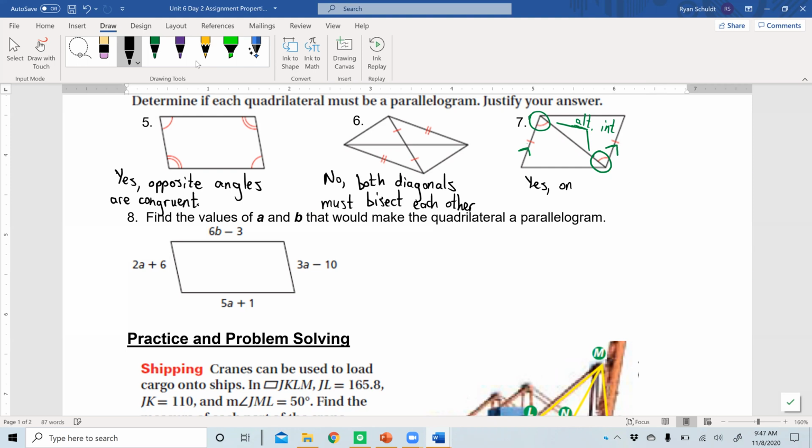We have one set of opposite sides are parallel and congruent. Perfecto.